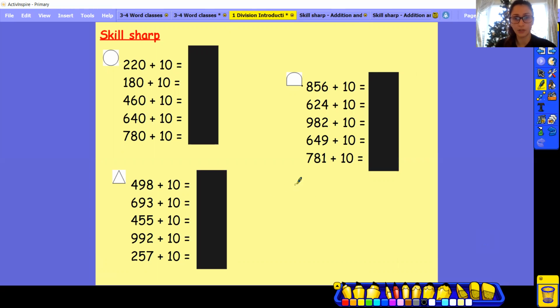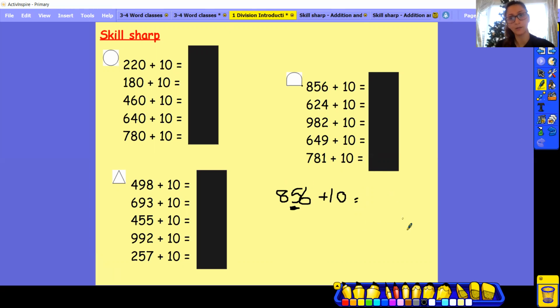So I'm going to start with this first semicircle one. So we've got 856, add 10. So remember, our tens column is going to change. We've got hundreds, tens, 1. So this column is going to change. So we're adding 10 to 856. Remember, this 5 is worth 5 tens.